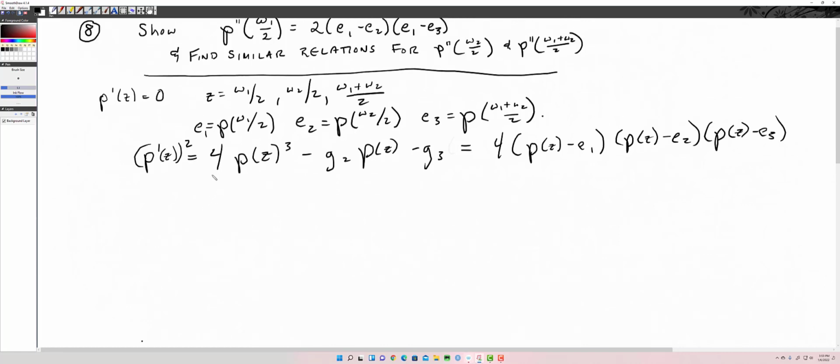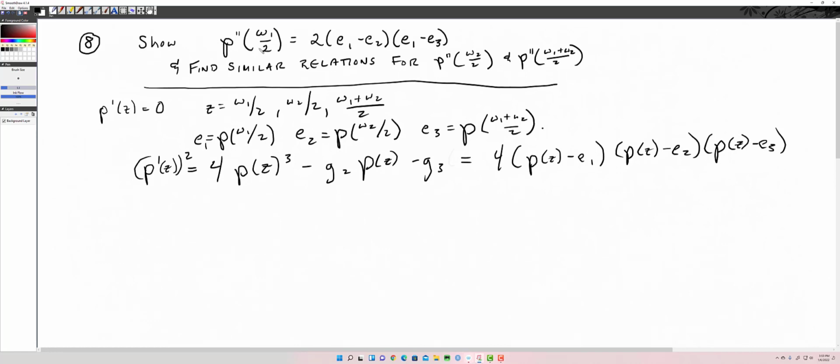So the question is, we want to show that this relation is true. And that's just a matter of differentiating this differential equation right here. Okay, so we're going to do that. We wind up with P prime of Z, P prime prime of Z. And another thing to note to make this really quick, when you take the derivative of the product of 3 functions, what you get is something that looks like this.